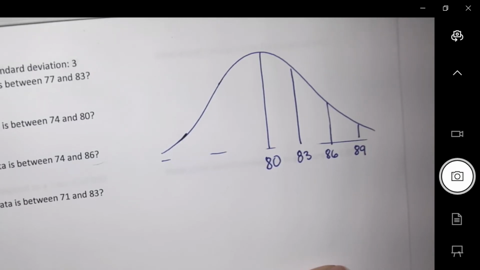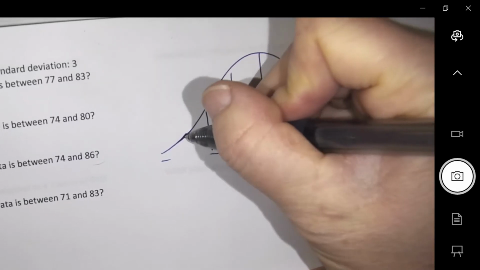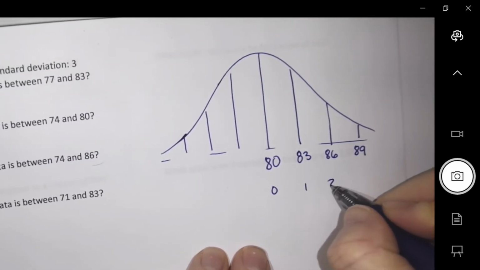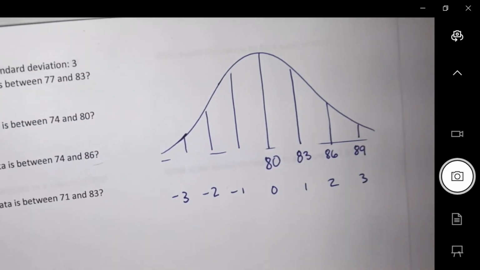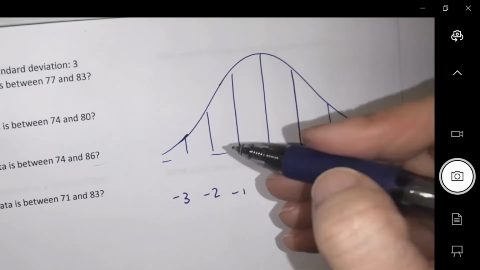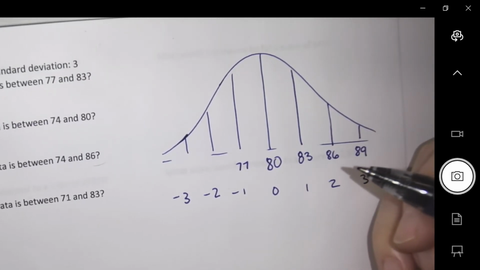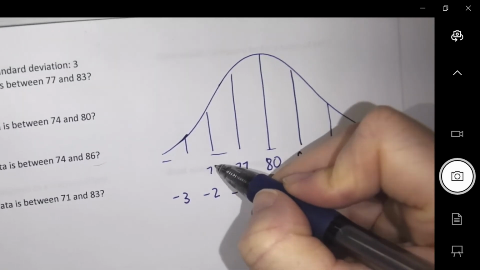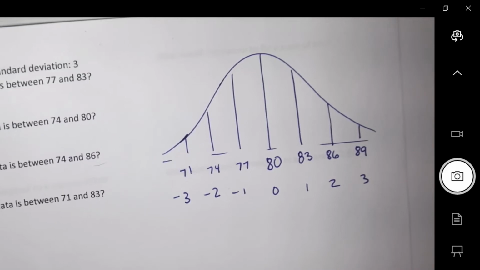I'm going above 3 and then above 3 more. Now we also have to go down 1, down 2, down 3. So minus 3 is, did you get 77? 74 and 71.